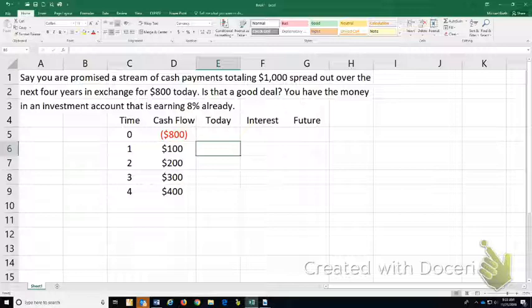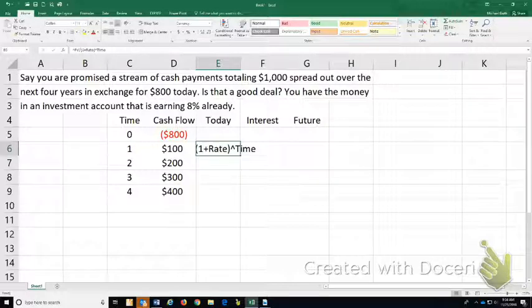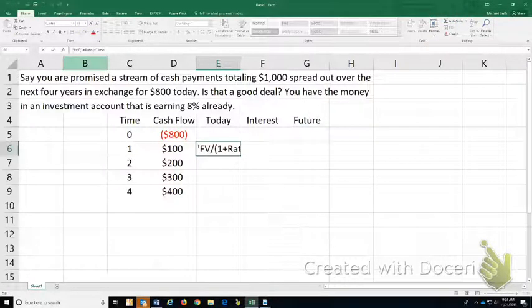There's a fairly simple formula: the future value divided by 1 plus the interest rate, raised to the amount of time until I get the money. Simple mathematical formula here.